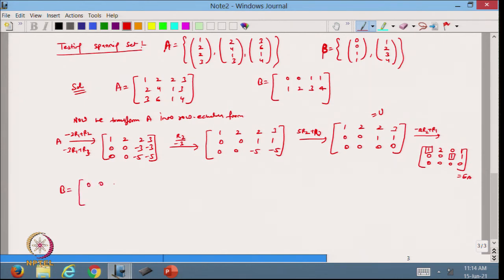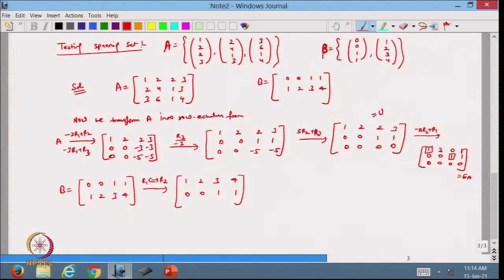So, 0 0 1 1 and 1 2 3 4. First I will take the second row as the first row. So, I will swap R 1 with R 2. So, it is 1 2 3 4 and 0 0 1 1.